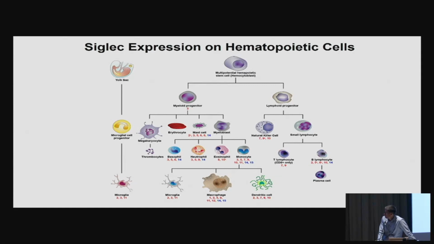These are in reviews, but the thing I want you to take away is that each white blood cell type has a different expression pattern of the siglecs. From a simple expression pattern of one siglec, to mast cells and neutrophils that have 4 or 5 different siglecs. So quite complicated with them all being expressed, but that means there's lots of work to do still.